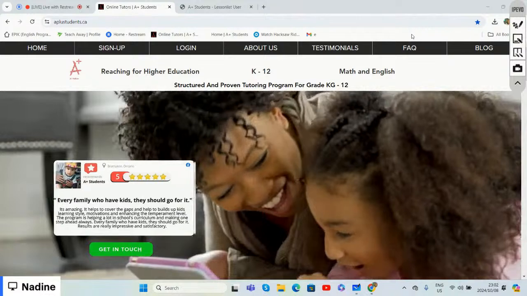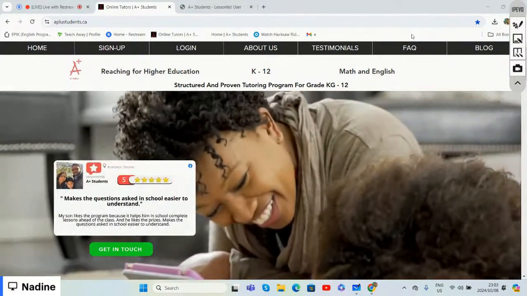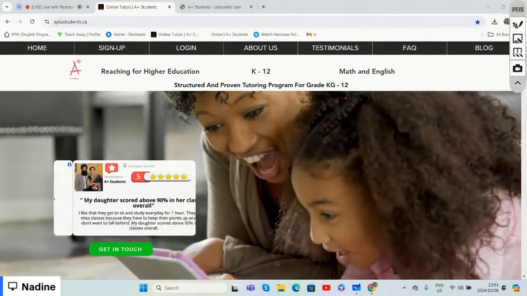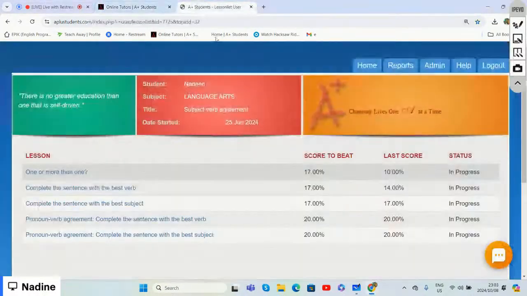We're doing grade 1. And then we're going to scroll down until we get to our chapter of subject verb agreement.